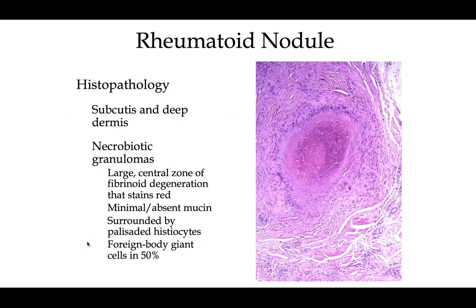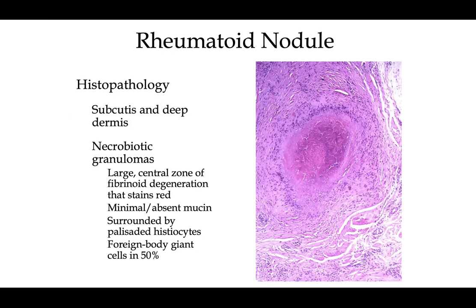So when you see that necrobiotic granuloma with a large central zone of fibrinoid degeneration that stains very eosinophilic red, minimal to absent mucin in the surrounding of these fibrinoid degeneration cores, by these palisading histiocytes, and it's in the proper location in the skin, the deep dermis or subcutis, and you don't have any other clinical information, then I would rank rheumatoid nodule at the top. You can see foreign body giant cells in about half of the cases.